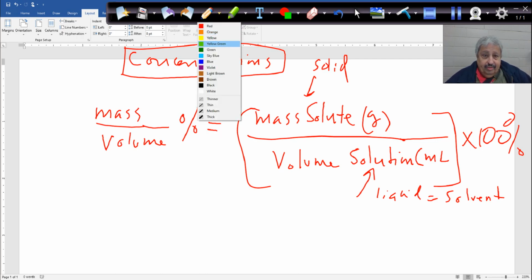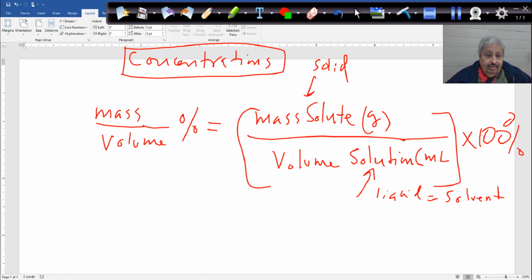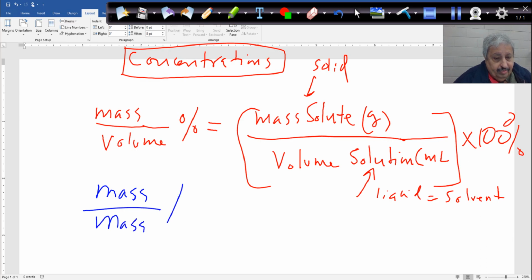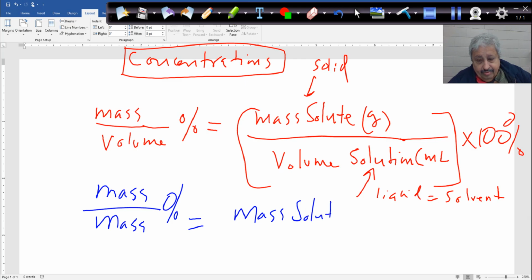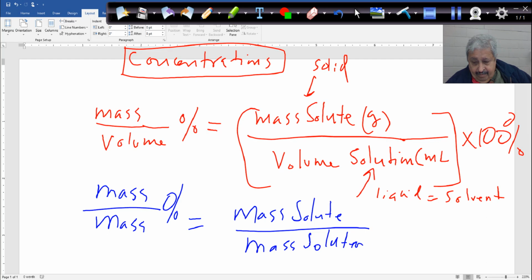Now, the second one, mass over mass percent, equal to mass of the solute over mass of the solution, multiplied by 100%.